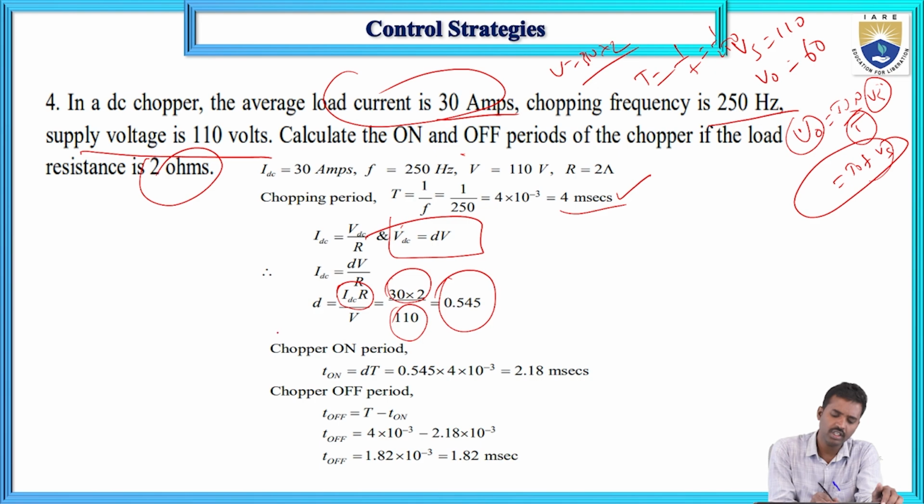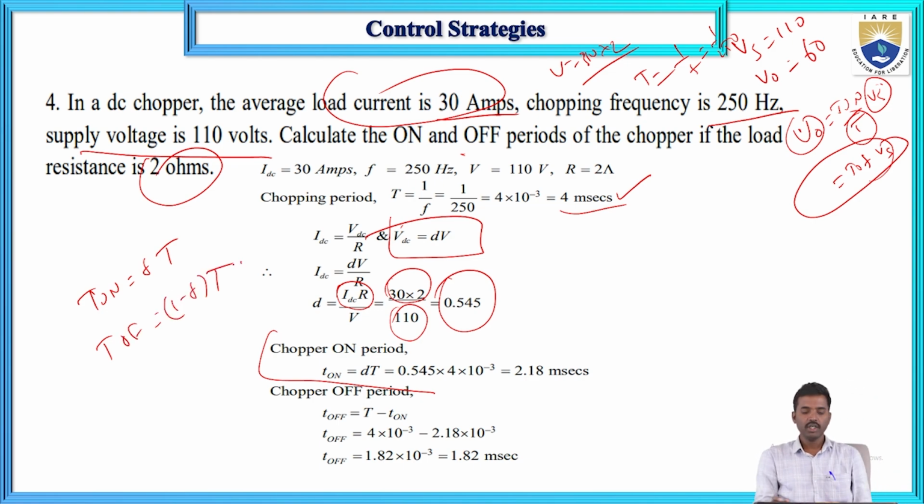Now easily we can find T on equals delta into T, and T off equals 1 minus delta into T. So T on equals 0.545 into the time period, 4 into 10 power minus 3.